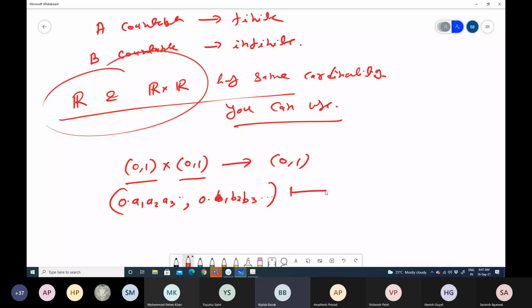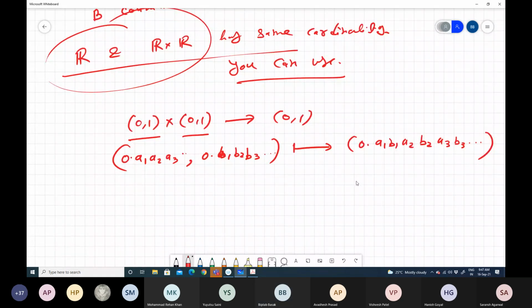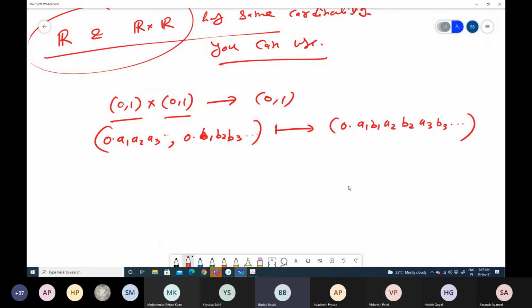Now you map this pair to 0.a1b1a2b2a3b3 in this way. Then you can find that this is a surjective function.